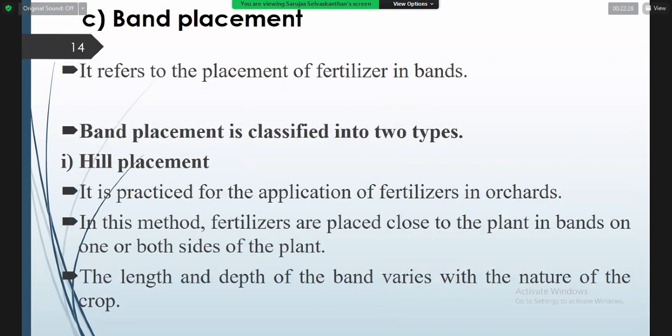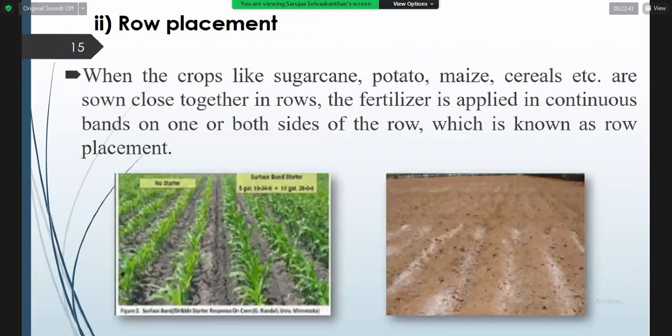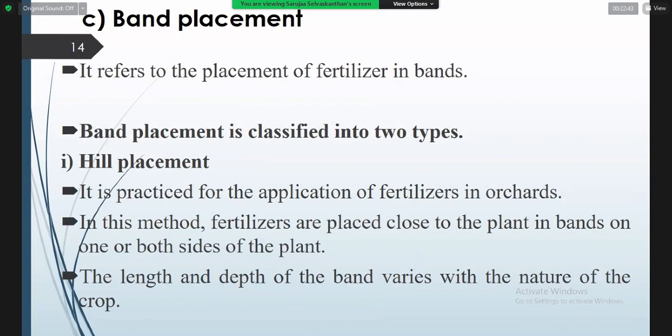Then band placement. It refers to the placement of fertilizer in a band. Band placement is classified into two types: hill placement and row placement. Hill placement is practiced for the application of fertilizer in orchard crops.